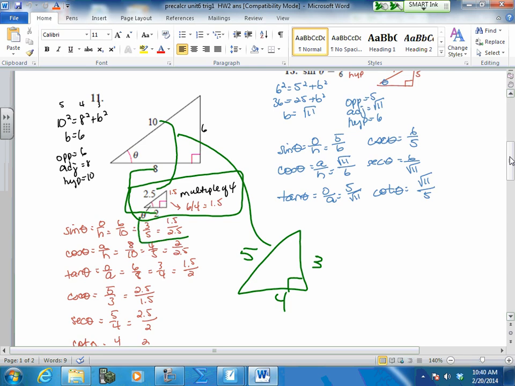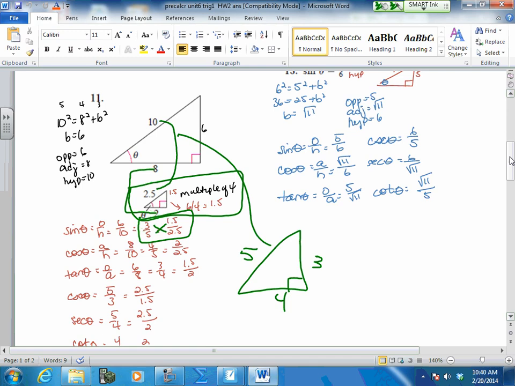If you notice, you probably looked at this and said 1.5 over 2.5 doesn't say 3 over 5. But it is the same fraction. If I divide this by 2, divide this by 2, I get 1.5 over 2.5. If you cross multiply, you would see that they're equal. But I kind of wanted you to see that this was a multiple of this one.